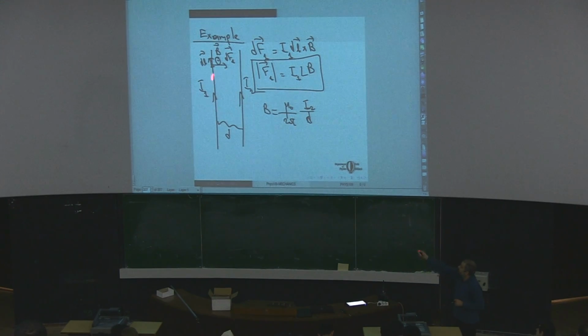Now this wire will feel a force due to the magnetic field created by the other wire. Of course, it depends on d. But since these wires are parallel, all these small segments on this wire are at the same distance from my second wire. So d is always the same.